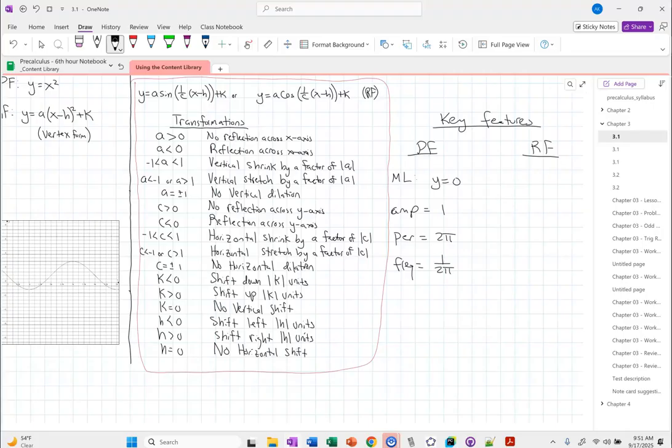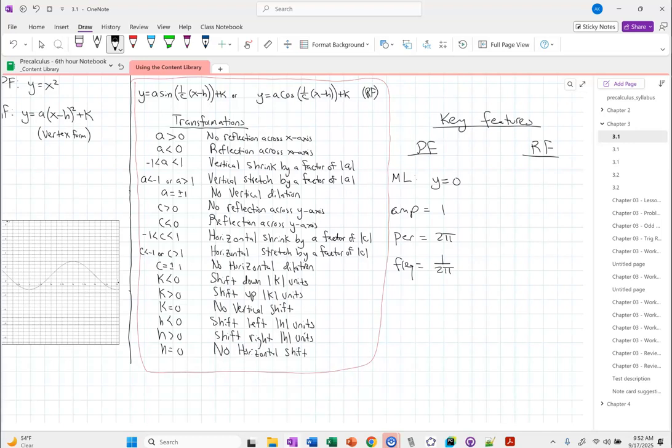The midline was at the x-axis, that's y equals 0. The amplitude was the distance between the highest or lowest point and the midline. I said that was 1 unit. The period was the length of the longest non-repeating section of the graph. That's 2 pi, regardless of where you start counting at. And the frequency is just always the reciprocal of the period.